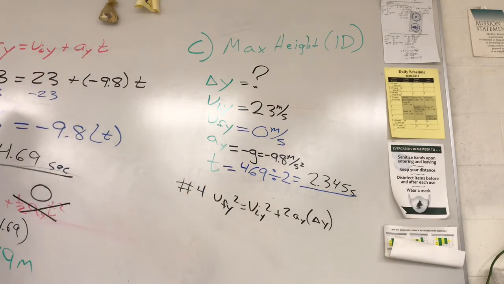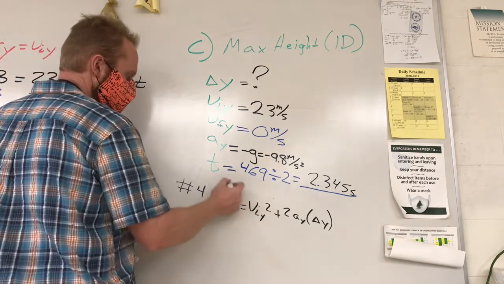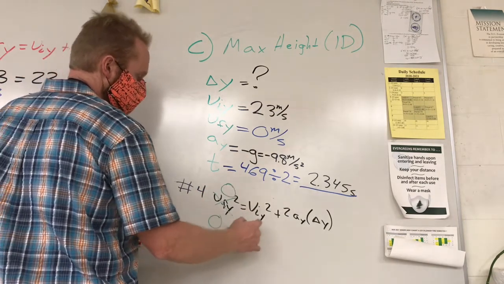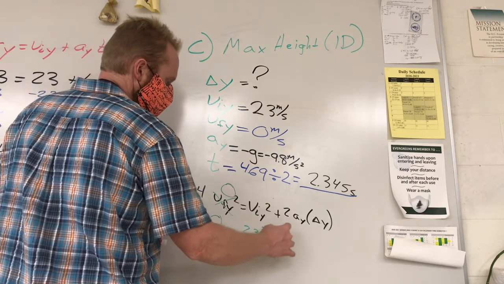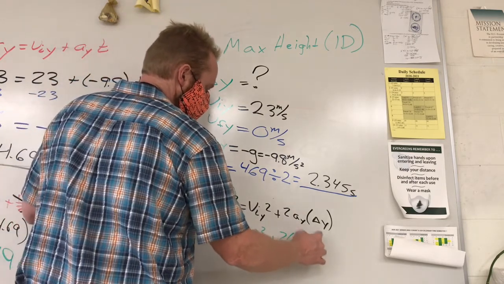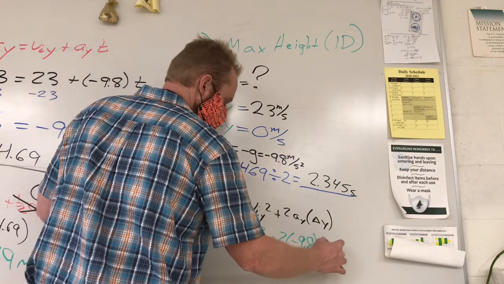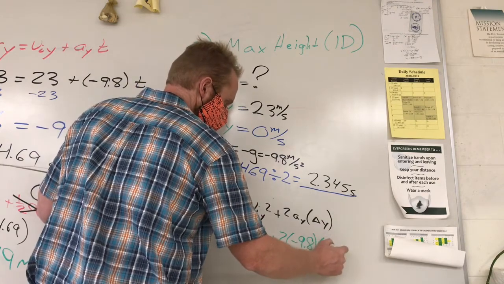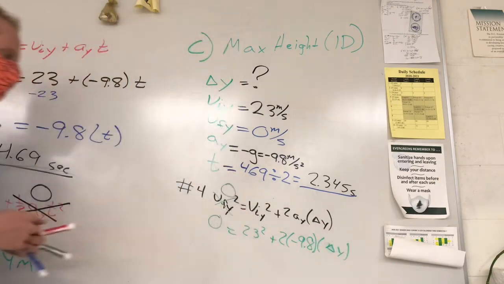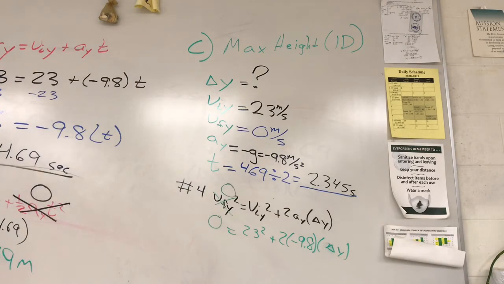It's really up to you at that point. But we could say, this is 0, this is 23 squared plus 2 times negative 9.8 times delta y. And then we go through and do the algebra on this, we're going to do this all in the calculator.